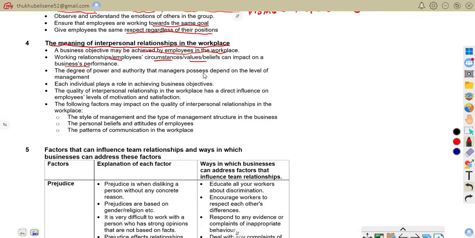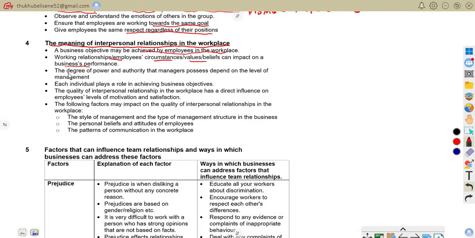Also, friendly staff relationships increase efficiency. If there are no good relationships, that is going to impact production negatively. But if there are friendly staff members, that is going to impact the productivity of the organization positively. So that is the working relationship.